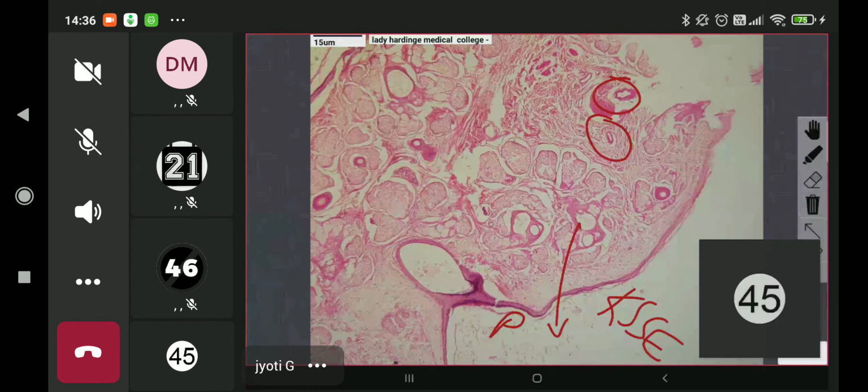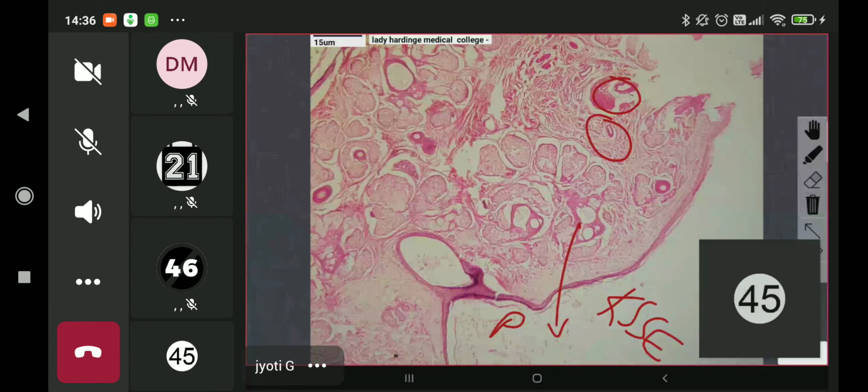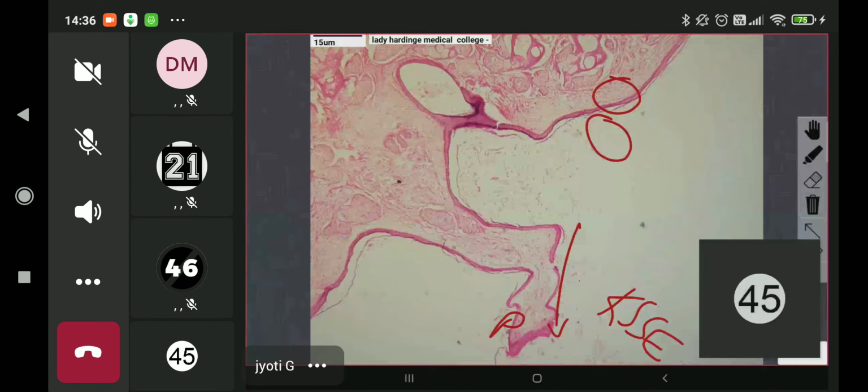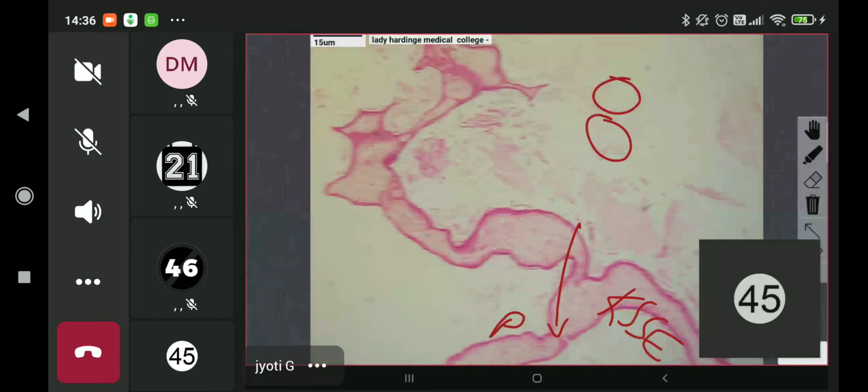Okay, I'll just move the slide around and you can see this whole tissue. What is this within the cyst? What does the cyst contain? Grossly, it contains a pultaceous kind of foul smelling material. It is basically nothing but keratin. So microscopically, this material you see in the form of flakes. So all this is keratin.